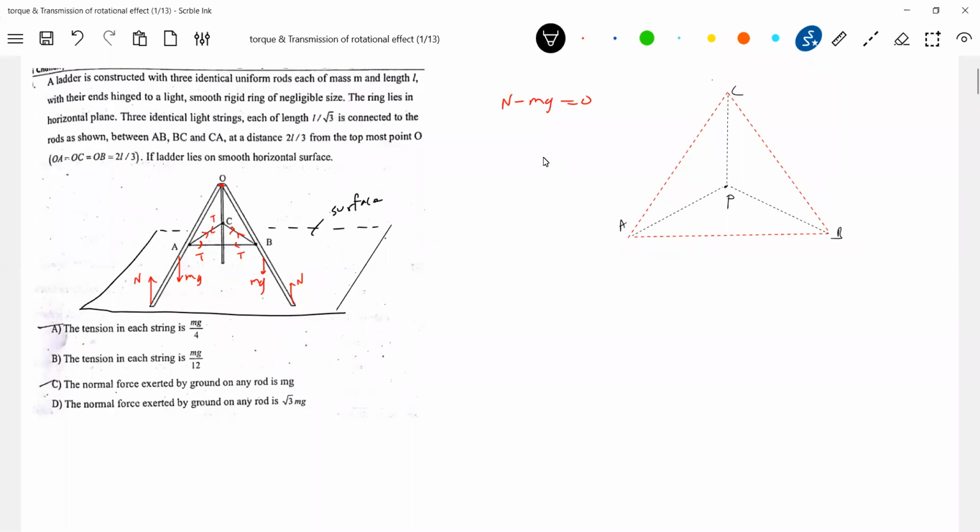All strings are of equal length. Three identical strings, each of length L by 3. So the length of the strings is L by 3, L by 3, and L by 3. Therefore it should be an equilateral triangle. So 30 degrees, 30 degrees.